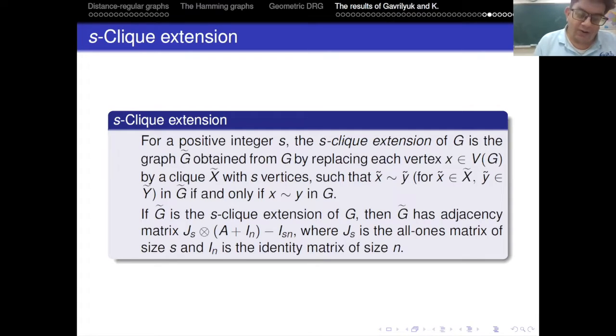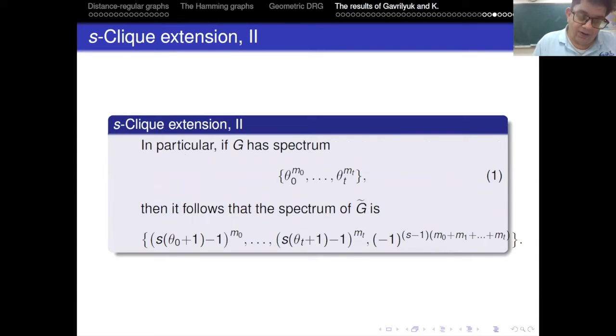So if T tilde is the S-clique extension of T, then T tilde has adjacency matrix J_S tensor A plus identity minus the identity times S, because you want 0 on the diagonal. And J_S is the all-ones matrix of size S, and I_N is the identity matrix of size N. Then you can easily show that if T has spectrum of this, then the spectrum of T tilde is this.